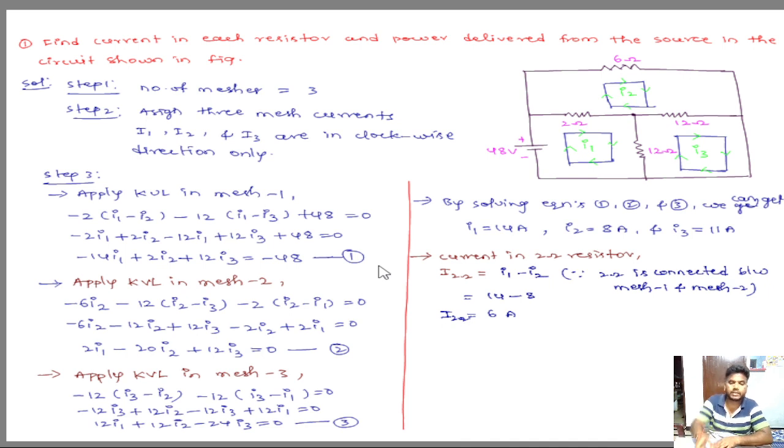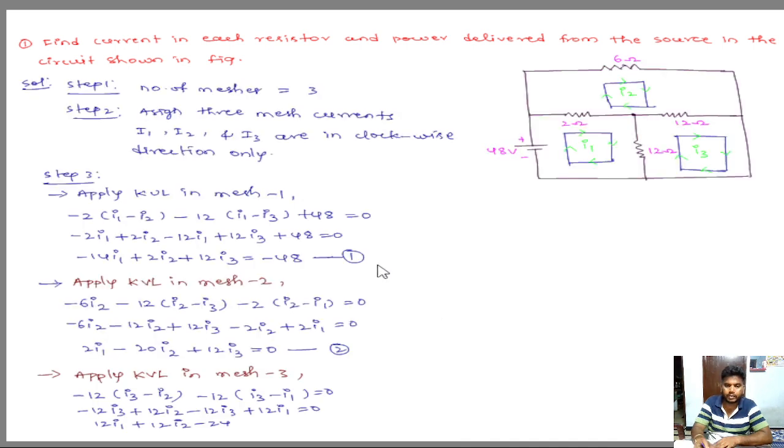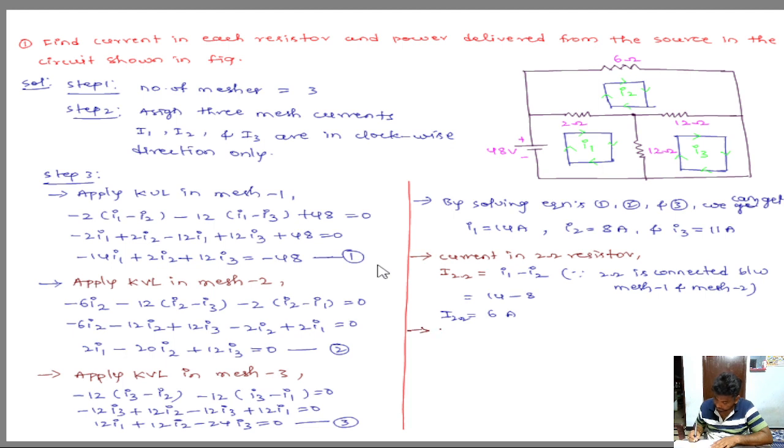Next, the current in the 6 ohm resistor. Because the 6 ohm is connected only in mesh 2. Observe clearly, this is important for finding the current in each branch.